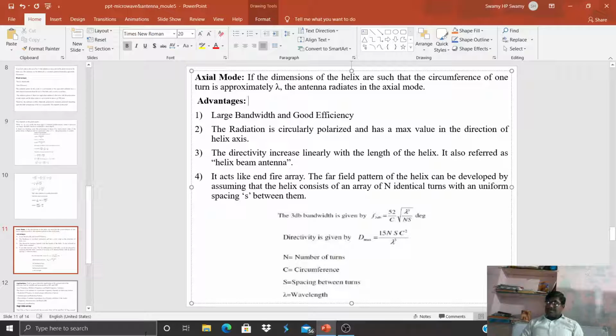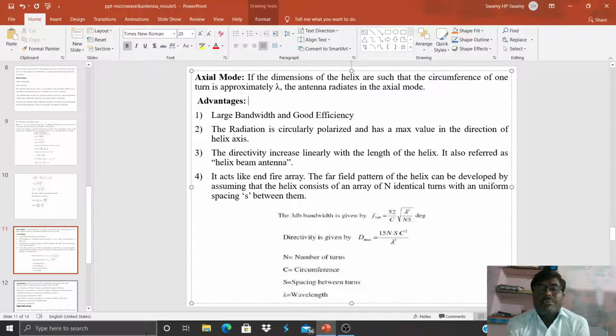Therefore, the 3 dB bandwidth is given as f3dB equal to 52 by c into the root of lambda cube by ns degree.